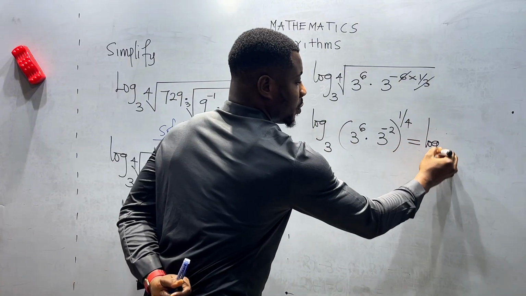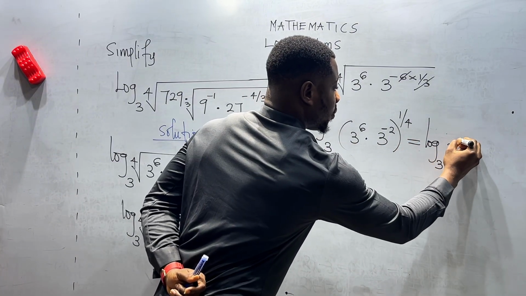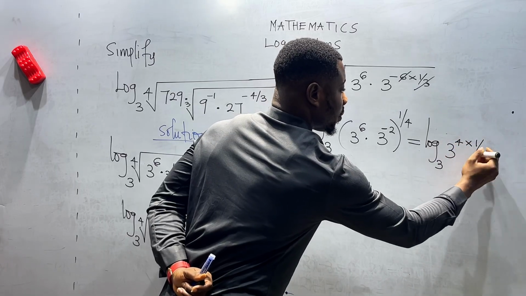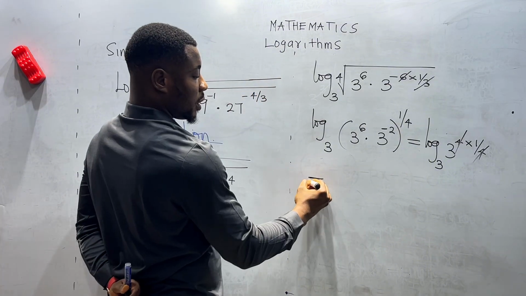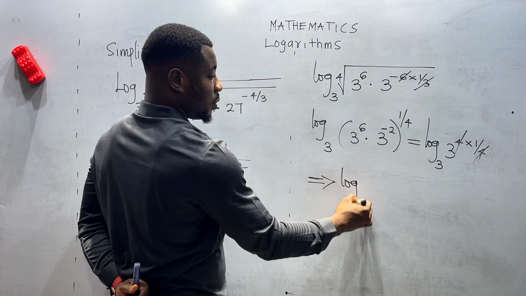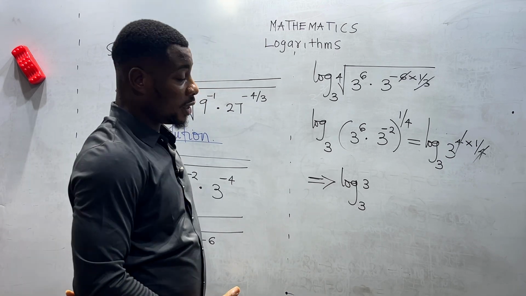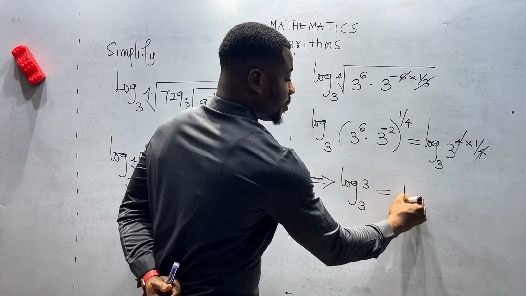So we have log to base 3, 3 to the power of 4, then multiplied by 1 over 4. The 4 can cancel the 4. So we are left with log of 3 to base 3. And remember that from the laws of logarithms, log of a number to the same base gives us 1.